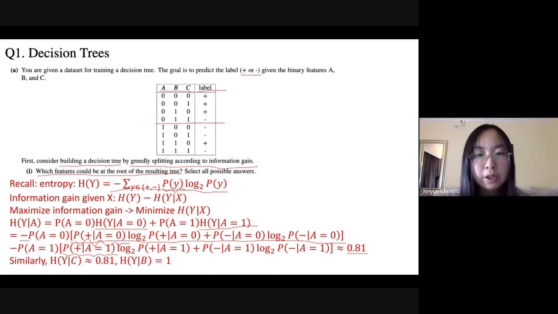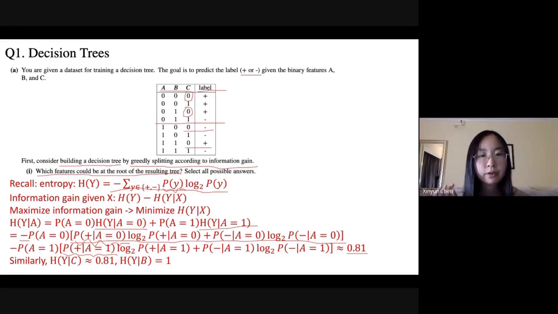Similarly, if we do this split over C, we can see that when the value of C is equal to 0, there will be 75% that the labels will be plus. So if we compare these two probabilities, we can easily infer that splitting over A and C will be equally good.